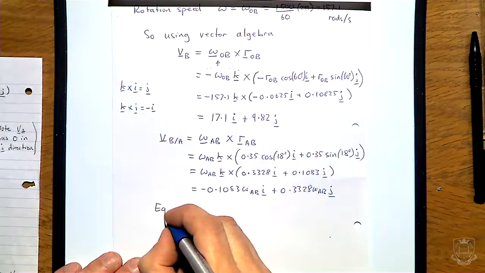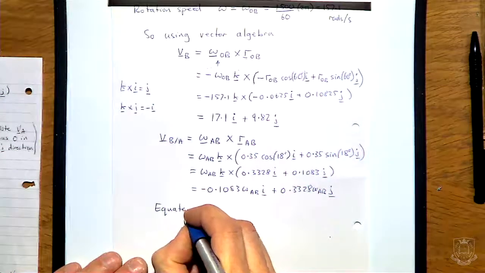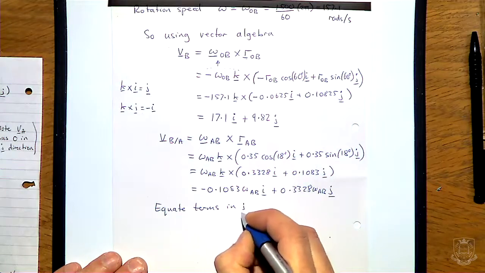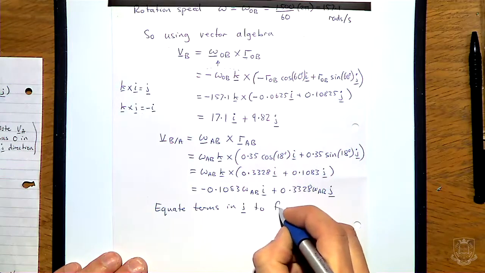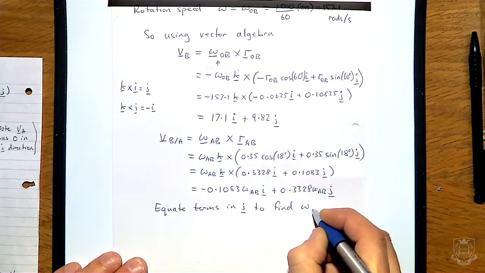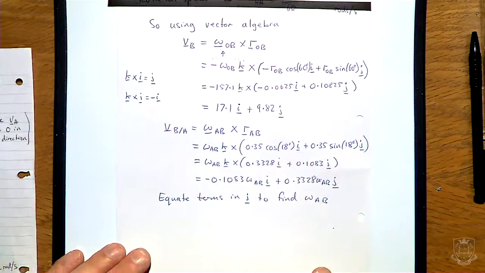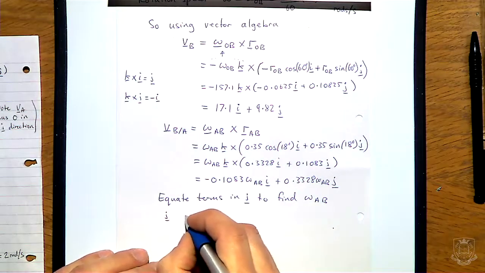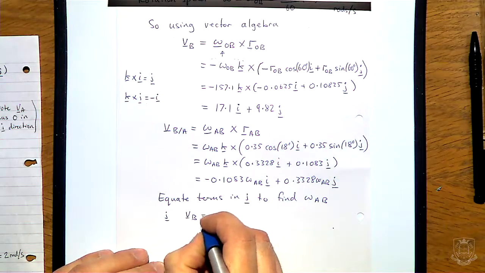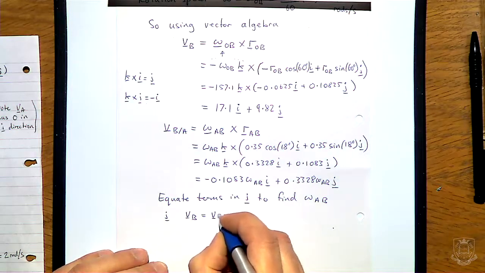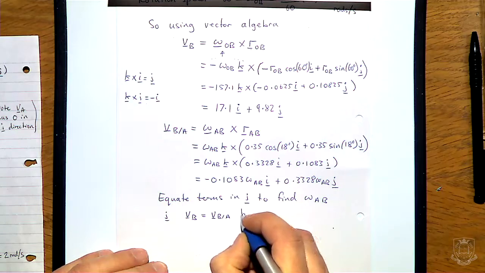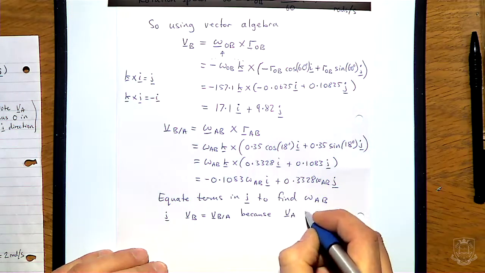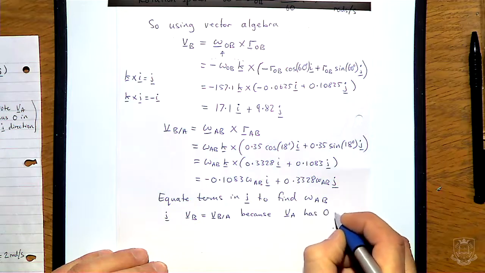So what I'm going to do now is equate terms in the j direction to find omega AB. If I do that in the j direction, as I've just said, VB is just equal to VBA, because VA has 0 in the j direction.